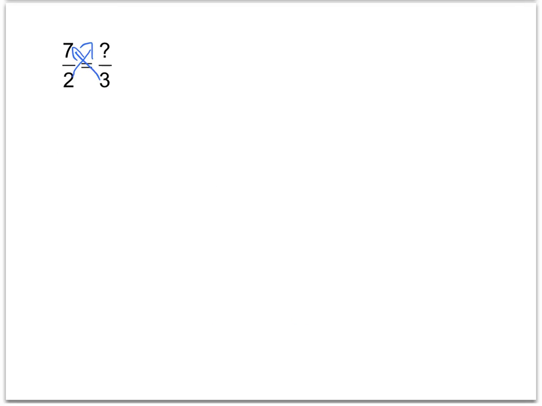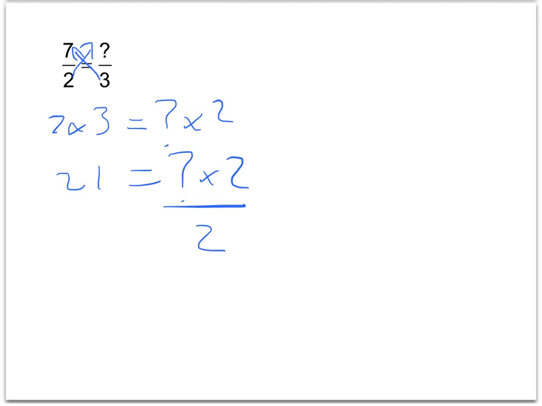You can draw arrows there if you want. On the left we're going to have a 7 times 3. On the right we're going to have a question mark times 2. And then in the next step we just do this multiplication on the left. We get 21 equals question mark times 2. And then we want to solve for the question mark, and so we denote this by we're dividing both sides by 2.